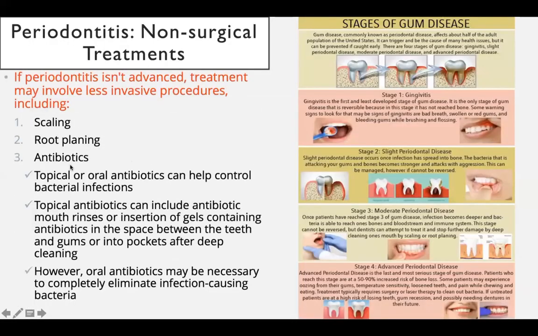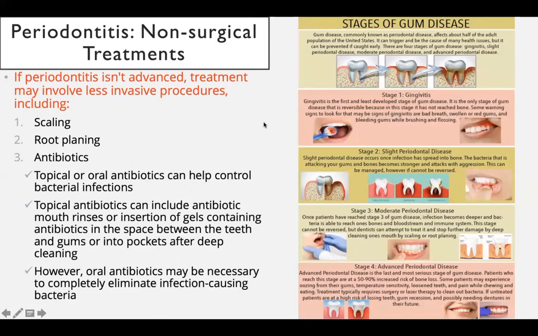And antibiotics, what we can give is topical or oral antibiotics that can help control bacterial infections. Topical antibiotics can include antibiotic mouth rinses, or insertion of gels containing antibiotics in the space between the teeth and gums or into pockets after deep cleaning. Why do we need antibiotics? Because periodontitis has some pus and is a more advanced infection than gingivitis.